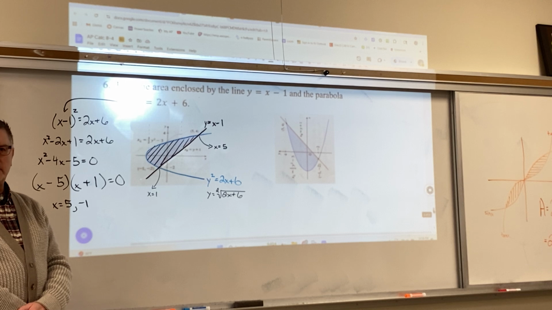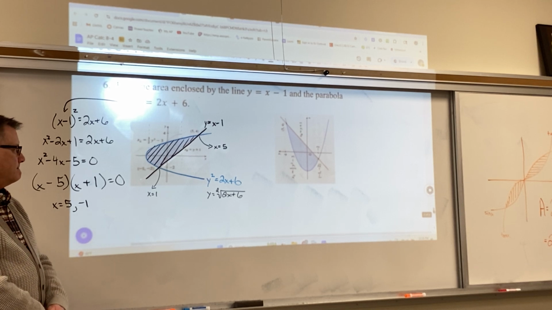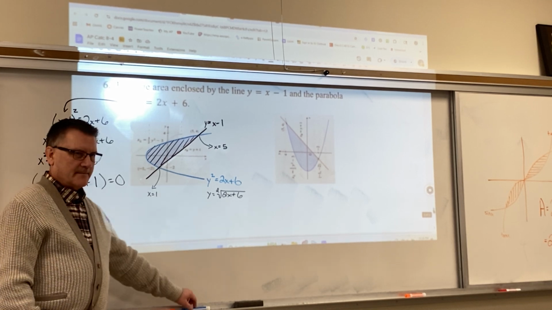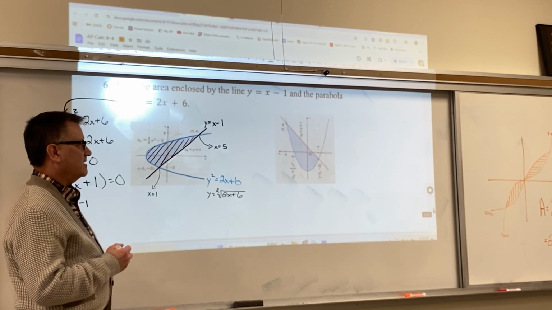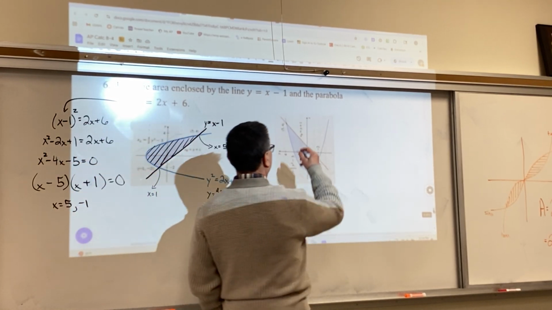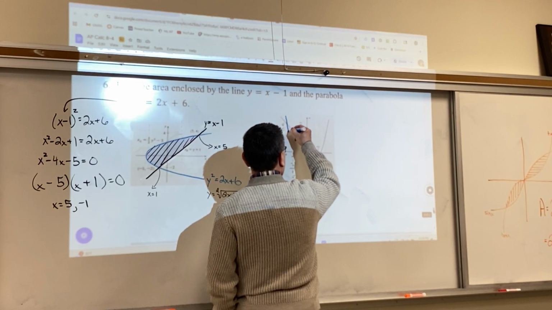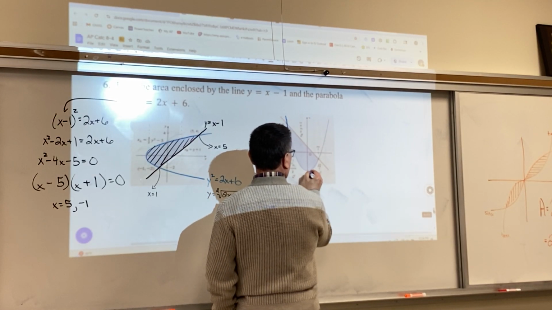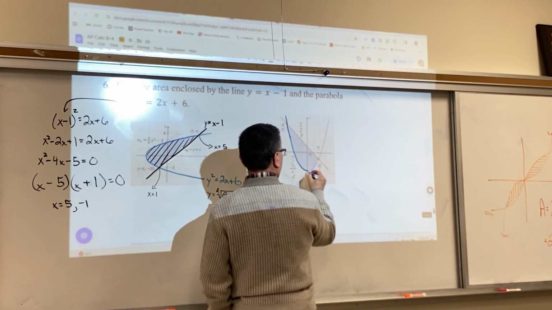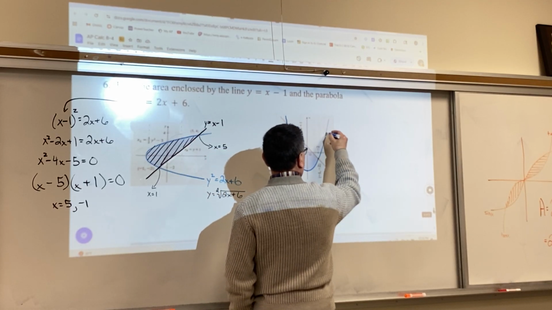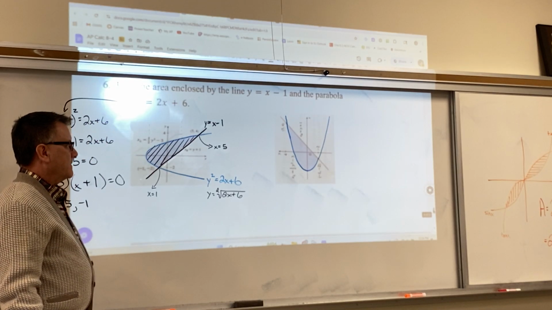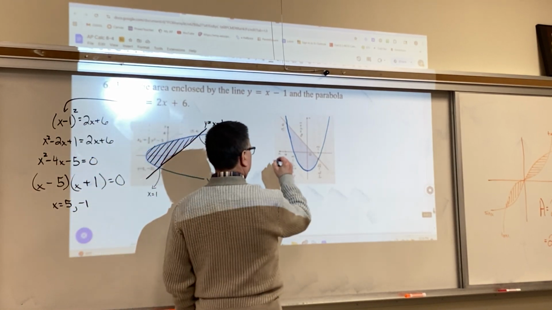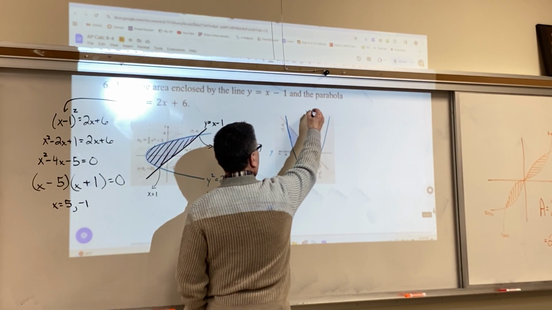What if I turned it sideways? This looks like it would be easier to work from the y-axis, because if I turned it sideways, let's see my hands. Okay, and if that's the y-axis now, and this is the x-axis.